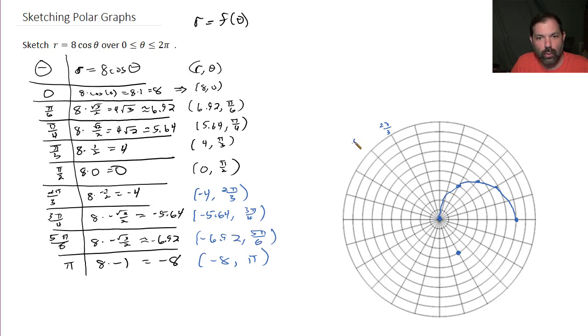For 3 pi over 4, here's the 3 pi over 4 radius, but I need to walk negative 5.6 units in that direction. And I've got to walk backwards for 5 pi over 6 as well: here's the 5 pi over 6 radius, and I need to walk backwards 6.92 steps. And then in the direction of pi, I need to walk backwards 8 steps, and that puts me back where I started.